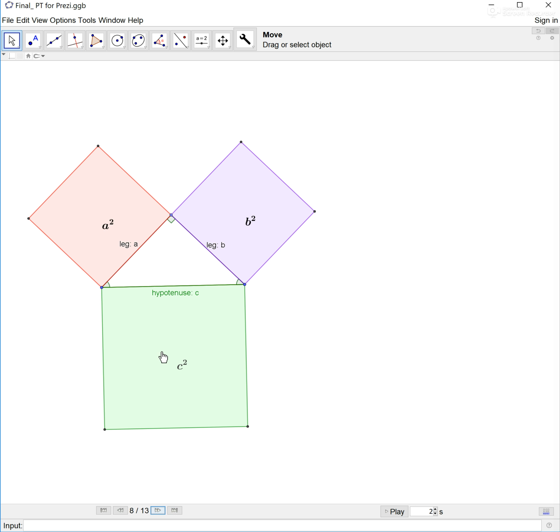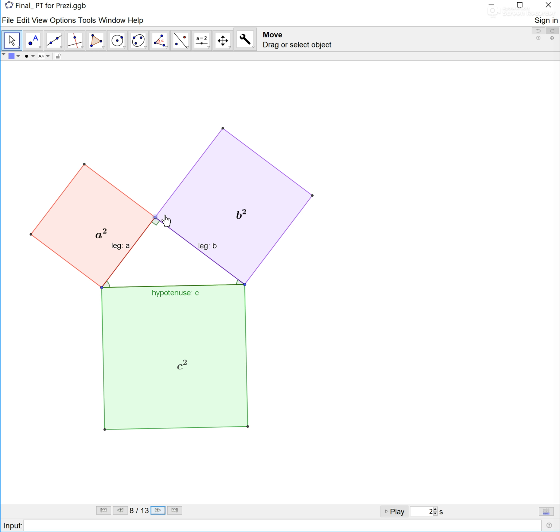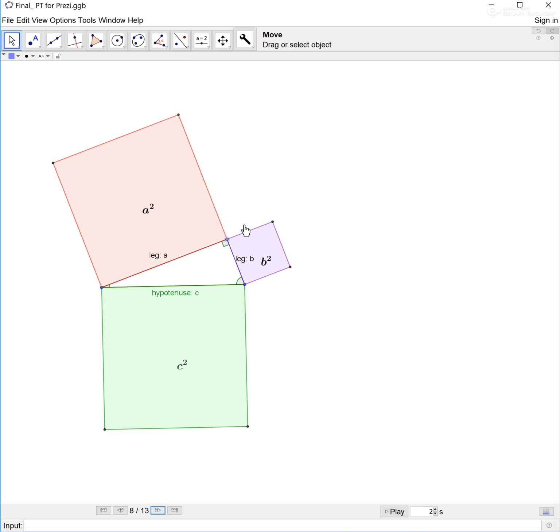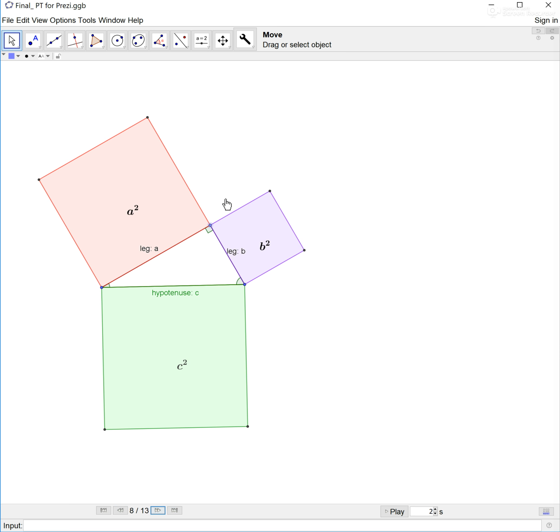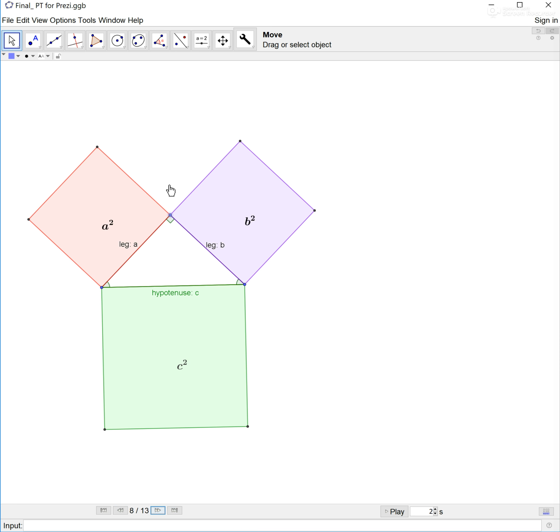The area of these squares is equal to the length of each leg times itself. No matter how I move this, as the leg gets longer or shorter, the area of our square gets bigger and smaller.